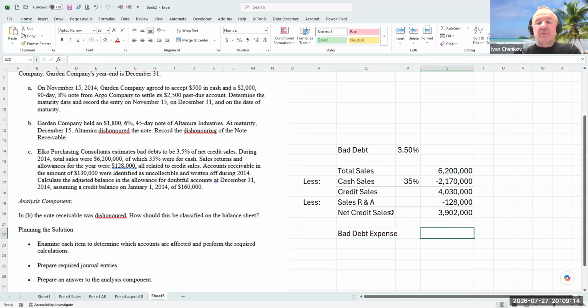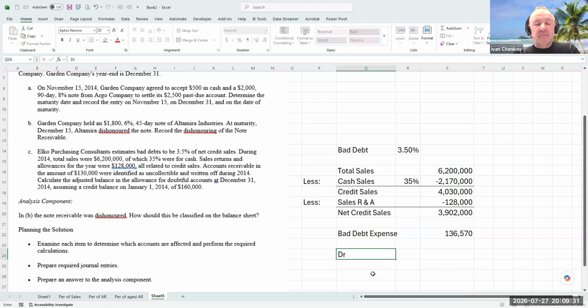In this case, it's going to be equal to this amount times 3.5%, or $136,570.